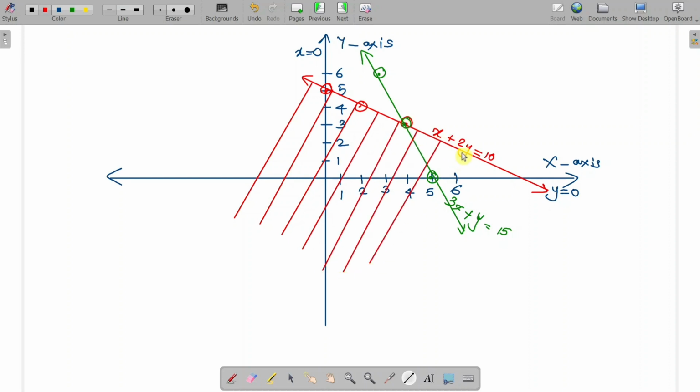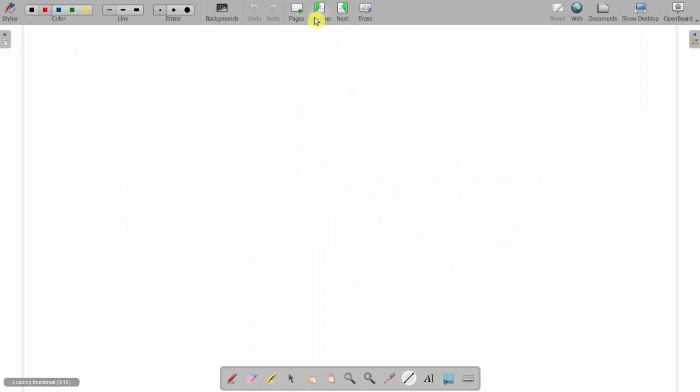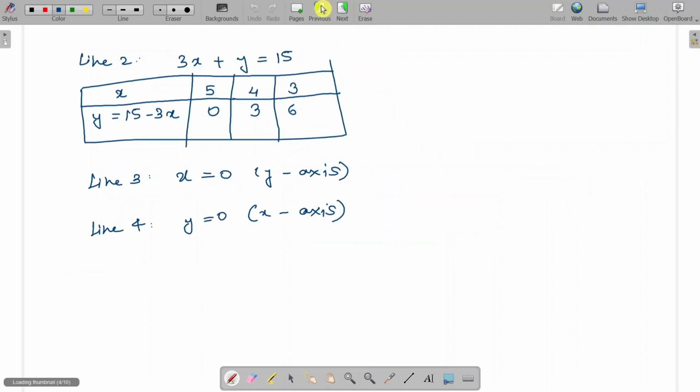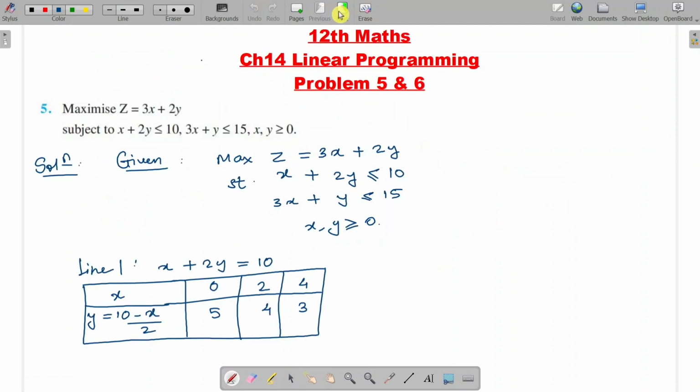Okay, here, like this. Okay, now let us put 0 comma 0 in the second inequality, 3x plus y less than or equal to 15.